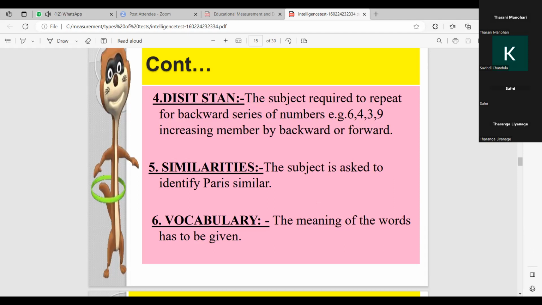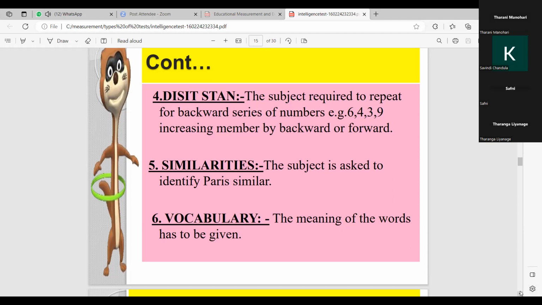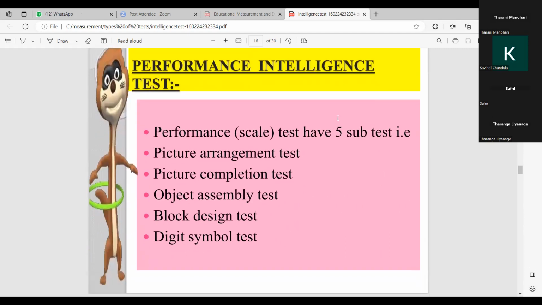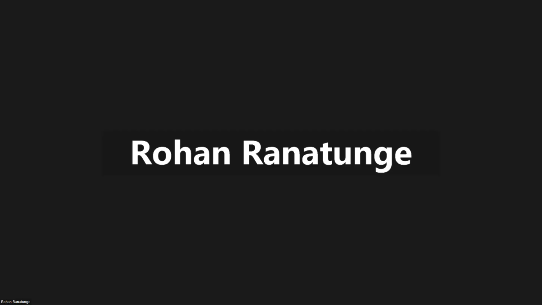I'm not happy about this English, right? Similarities and vocabulary tests. So further on. Let me stop this one because I'm not happy about that. The English we find there is not up to a good quality. So let me go for something else.